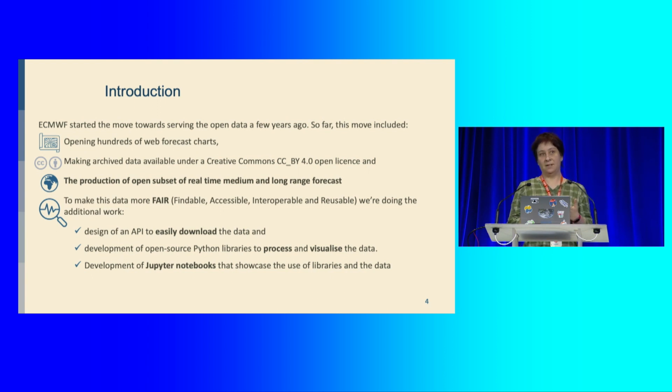We designed an API to easily download this data, and at the same time started making libraries that make processing and visualization easier. Together with that, we decided to publish a number of Jupyter notebooks that showcase how to use this data and how to use these libraries as well.